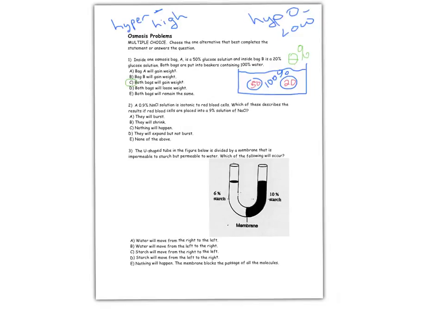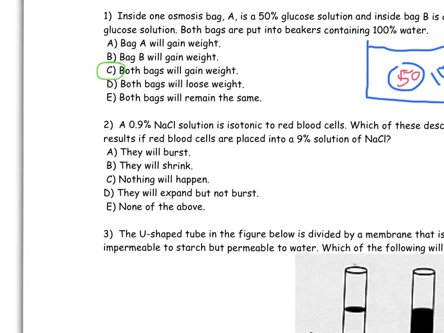As soon as they give you that information, that it's isotonic, there's something you should just automatically know at some point, and that's that this 0.9% something says it's isotonic. That means the red blood cells are equal to the 0.9 NaCl.